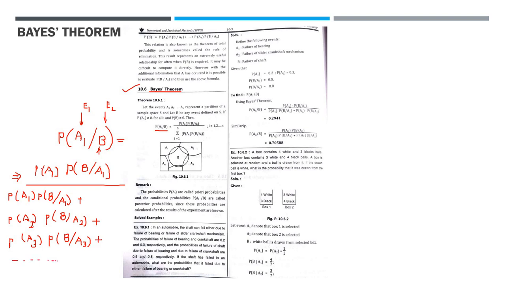So this is the formula for calculating the probability of event A1 given event B, using the Bayes theorem or Bayes formula.